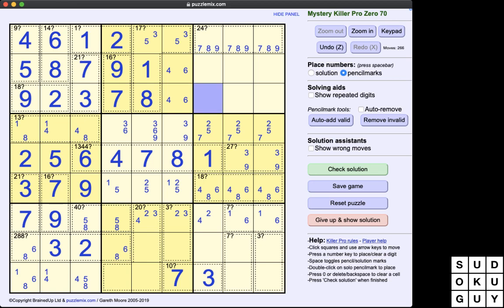Okay, I guess I should fill in pencil marks for these rows. 1, 4, 5, and 6 left in this one, and 2, 3, 4, 6 left in this one. Can I come up with like a double or triple or something here? A pair? Lots of evens only options, but not quite enough.